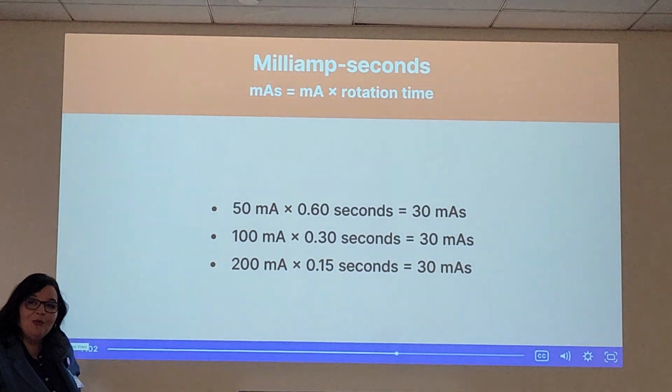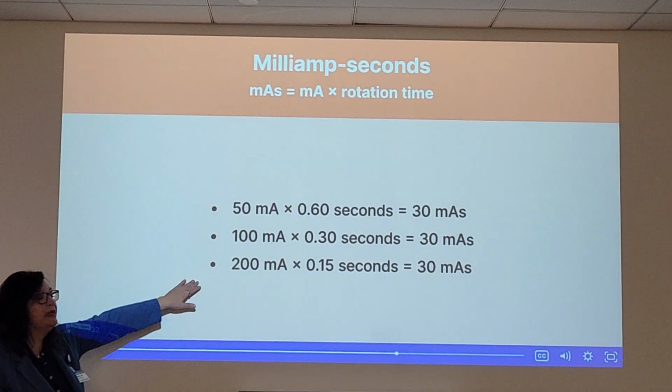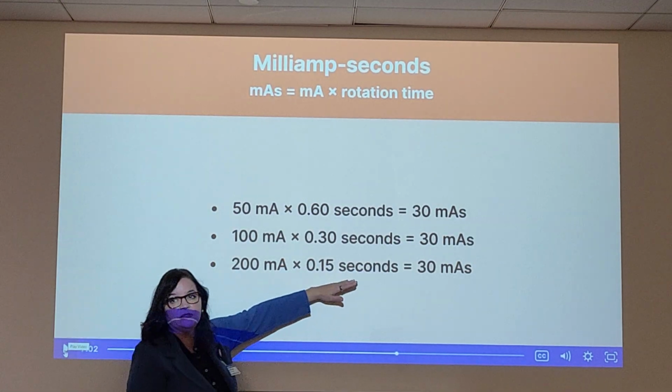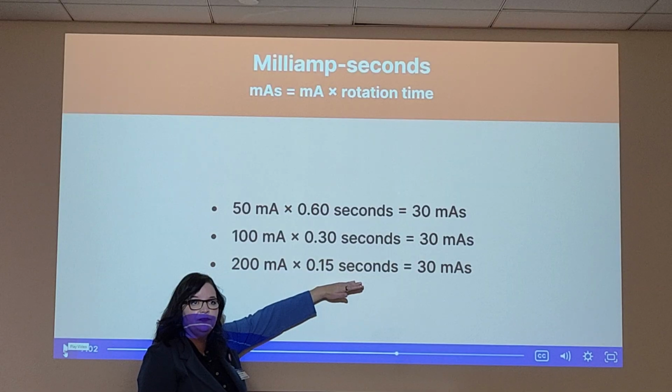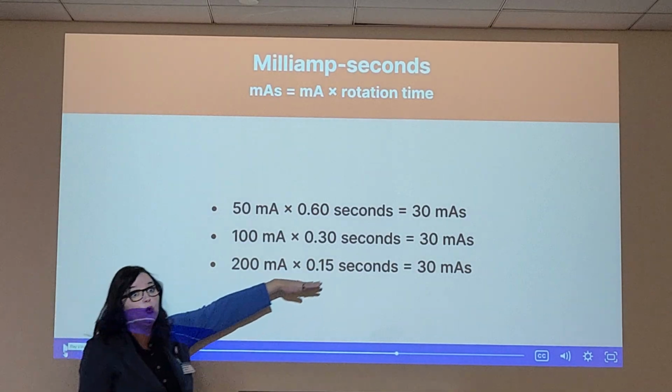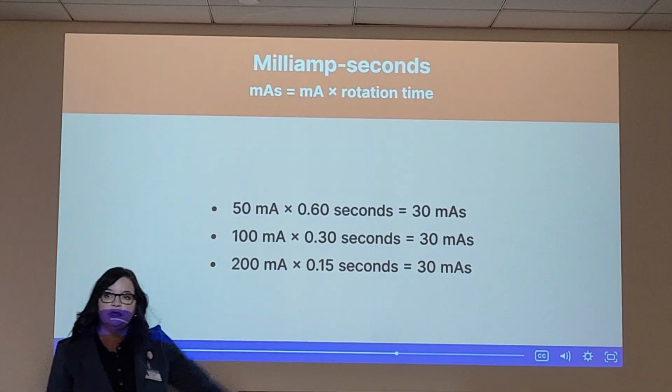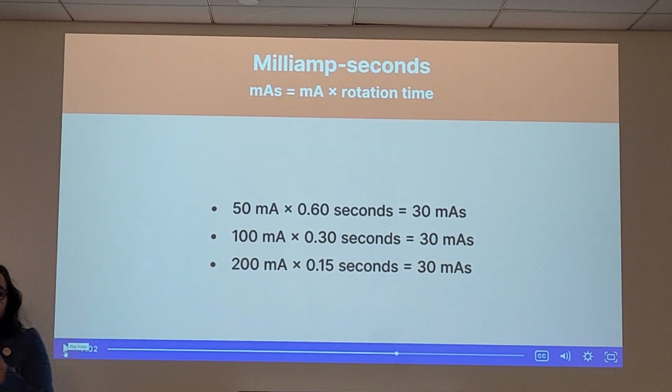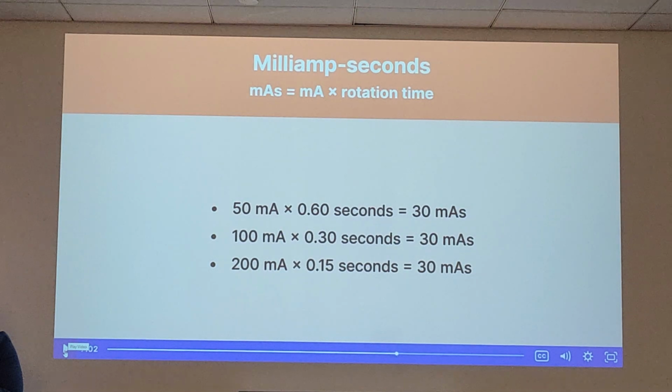No, what is it? 60? Because we doubled the MA and we did not reduce the time by half. So did we increase the mAs when we increased the MA or the time? Did mAs increase? And what does mAs contribute? Patient dose.